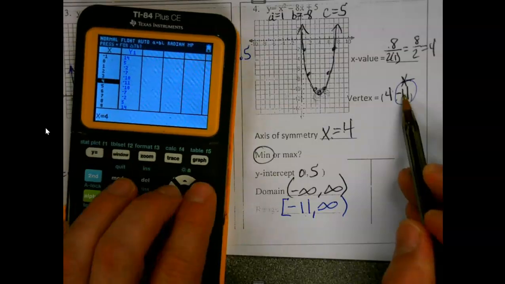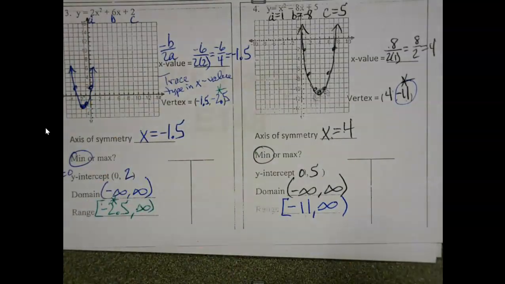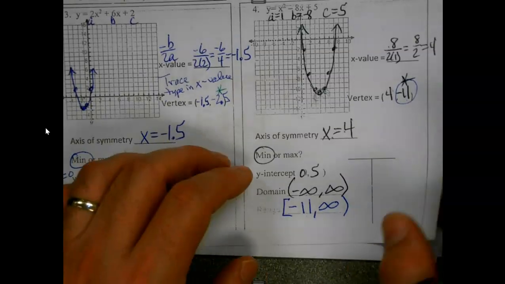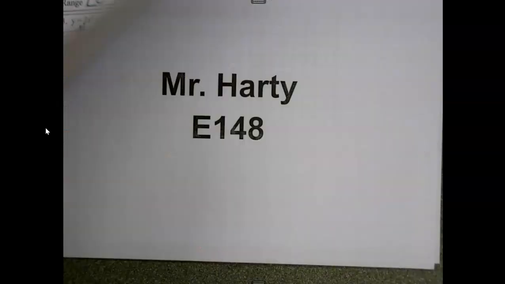Right there. -11, yeah. Yep, -11. So it was the same. It was one step different, but whether it was vertex or standard form, there wasn't a whole lot of difference once we got the x value of the vertex. Nothing too bad. Okay, move that out of the way.